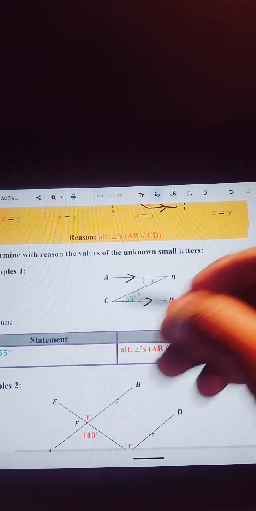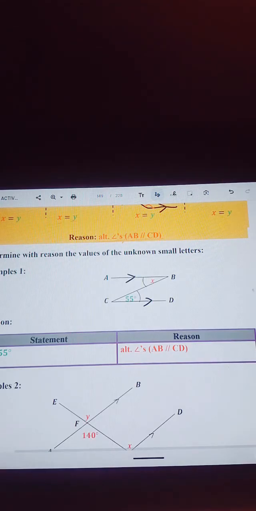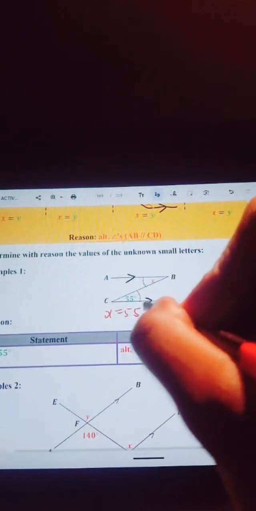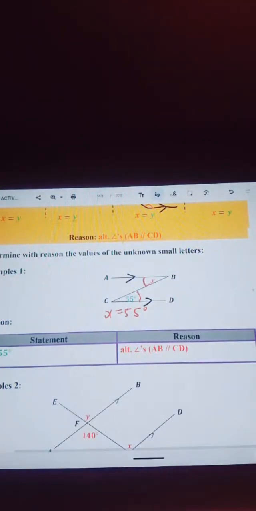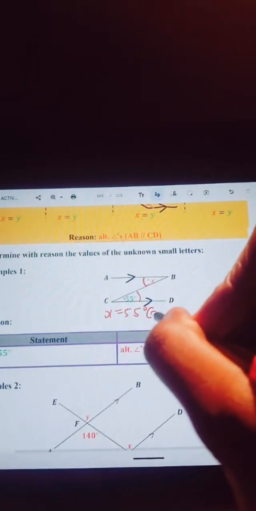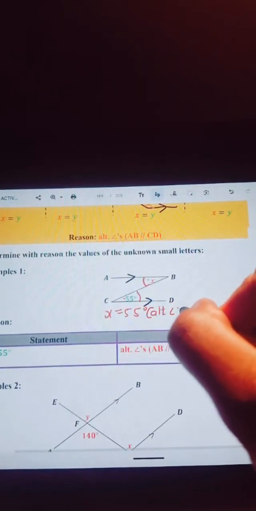So we put in lines that are parallel, we've put them in so that we can actually use the example appropriately. So now, because the lines are parallel, we can then say x is equal to 55 degrees. Why? Because there's that relationship between the angles because of the Z shape. That angle is equal to that angle. Reason, alt angles.